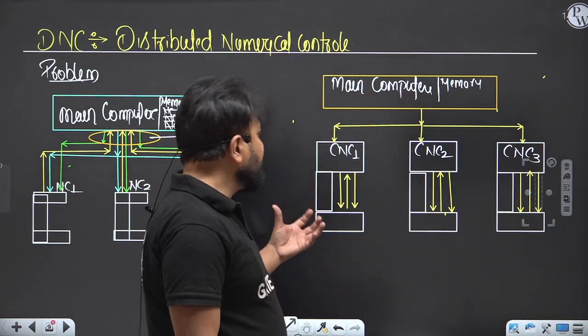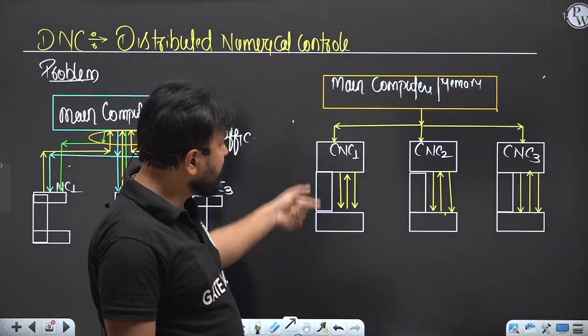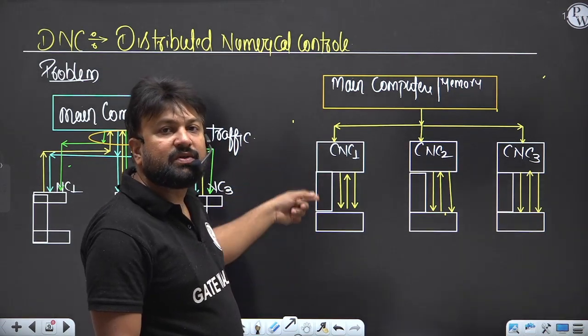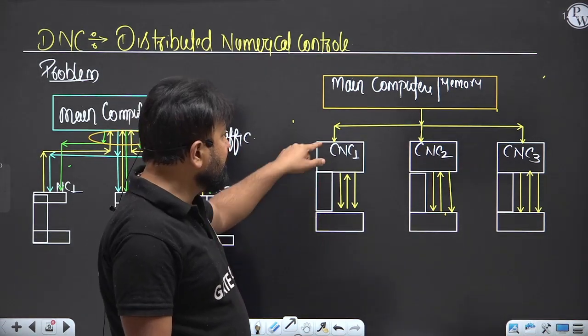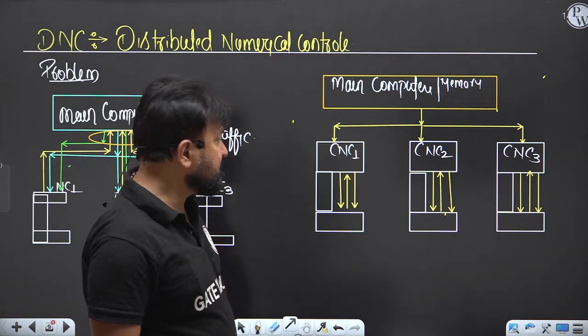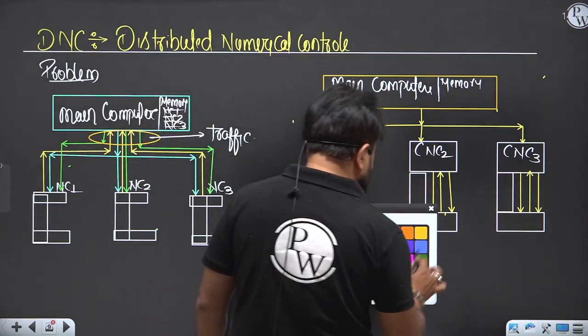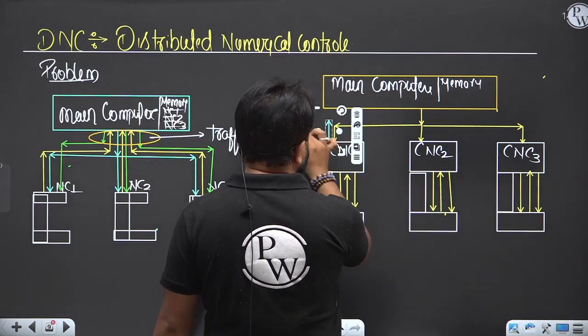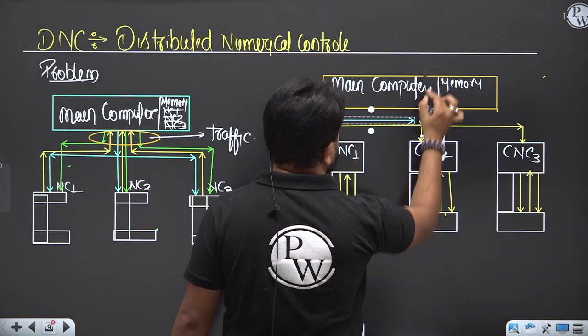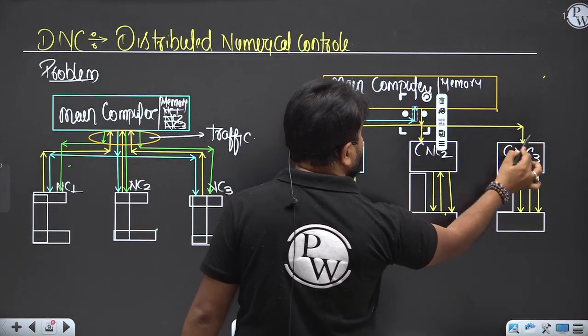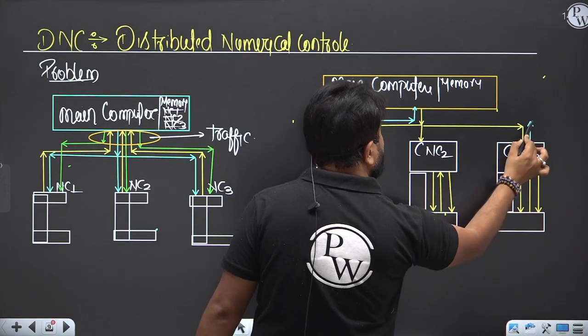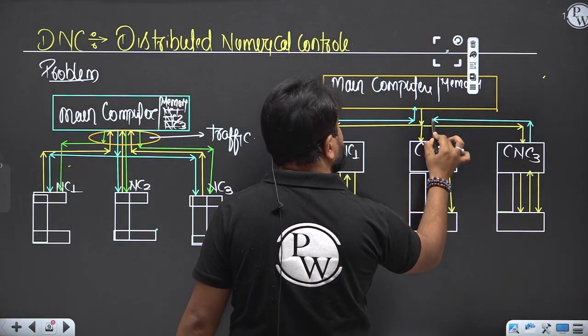So feedback and direction keep communicating between the NC and its own computer. At the end, the result will be sent to the main computer. So this is the concept of DNC.